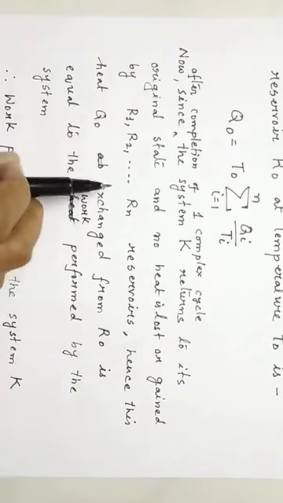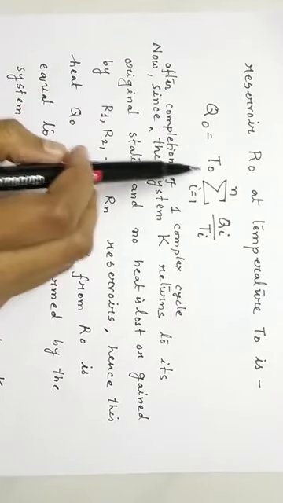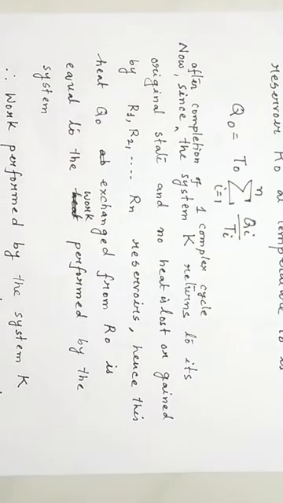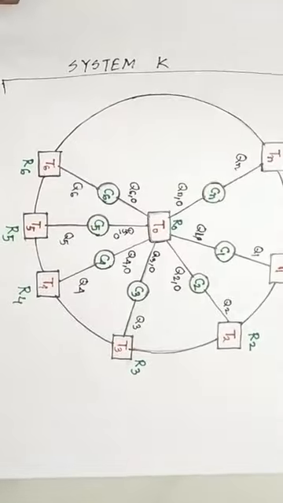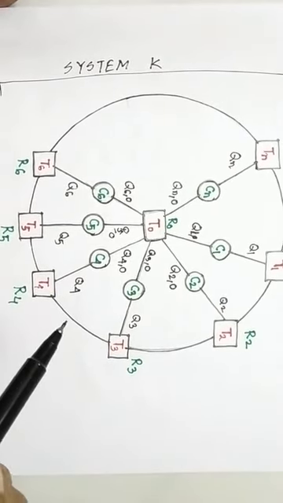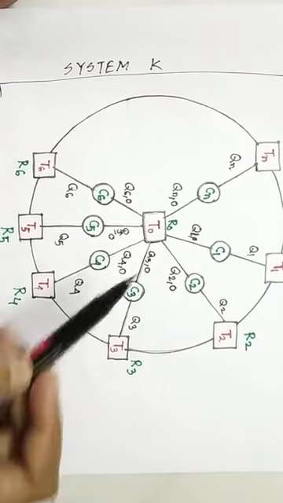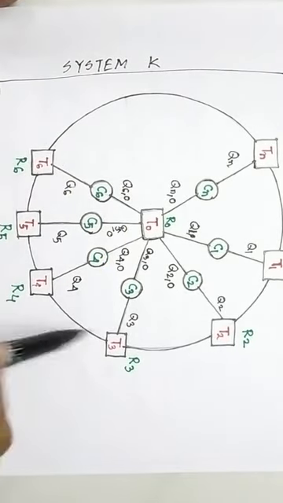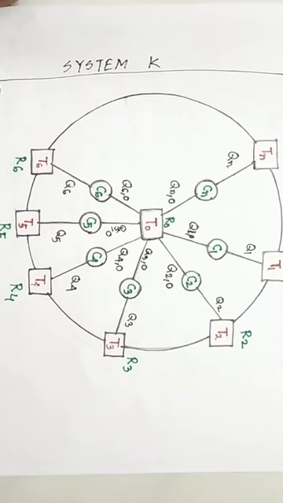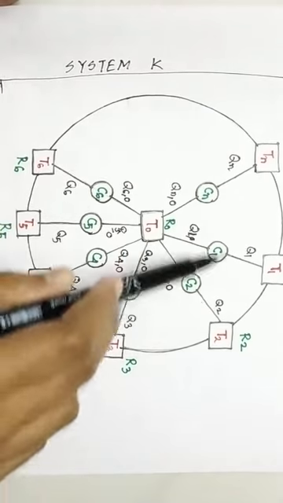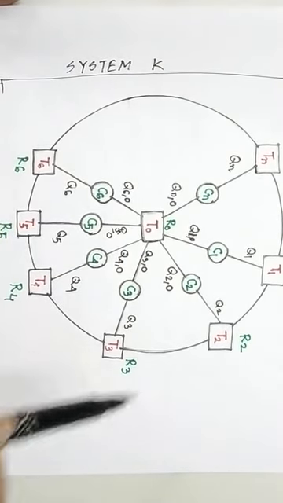So hence this amount of heat Q0 which is exchanged from R0 is completely converted to work. Because these Carnot engines operate in a Carnot cycle and also do some work. But for all this heat exchange, that is Q1, Q2, Q4, Q6, ultimately after completion of this complex cycle, the net amount of heat gained or lost for these individual reservoirs is 0.